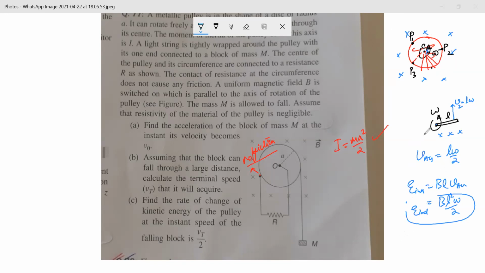In what sense would the EMF induced be? V cross B is pointing towards the center. So the EMF induced would be such that the center would be at higher potential. So VC minus VP1 or P2 or whichever point we take, the center and any point on the circumference would have a potential difference of B omega L square by 2, where L is the radius. Right, this point is clear, Samik and others?